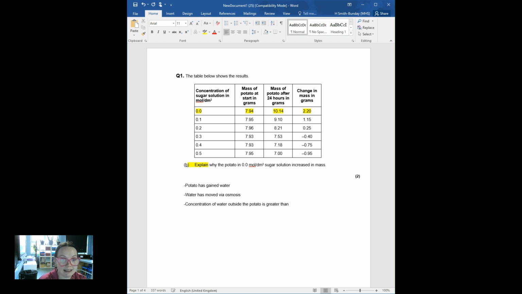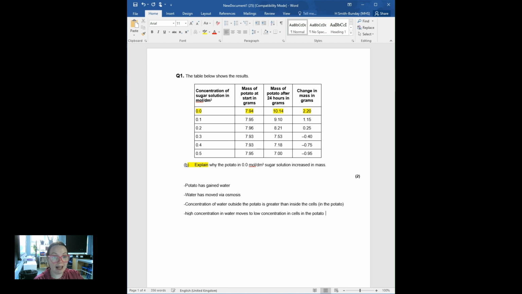Now we know the general definition for osmosis is it moves from a high concentration to a low concentration, and we need to identify where those concentrations are. So it moves from the concentration of water outside the potato, which is greater, so that's where the higher concentration is, than inside the cells in the potato, and that's where the low concentration is.